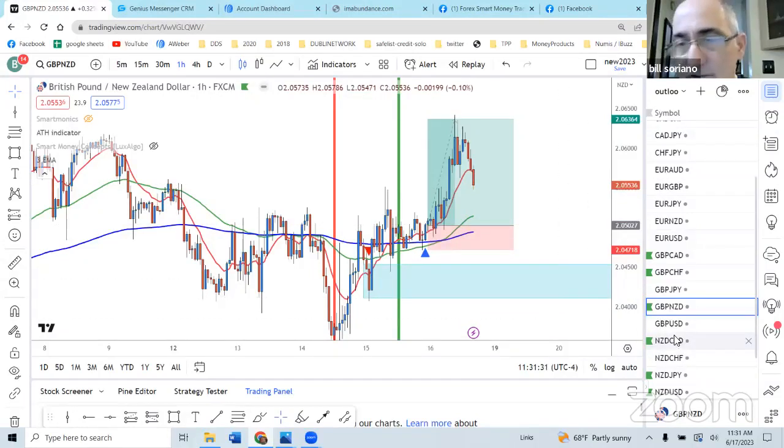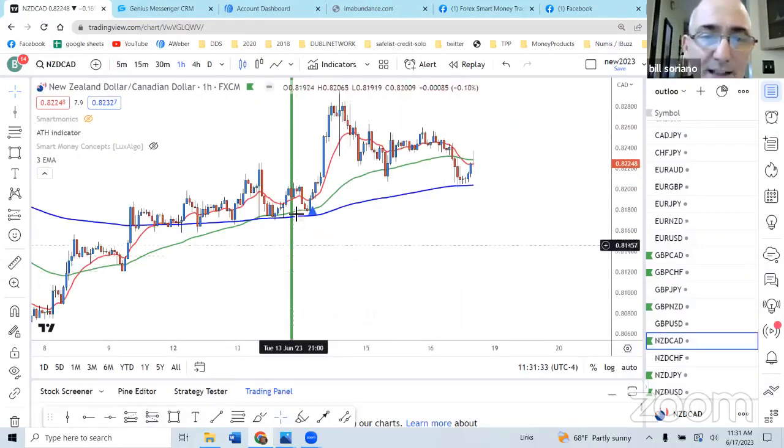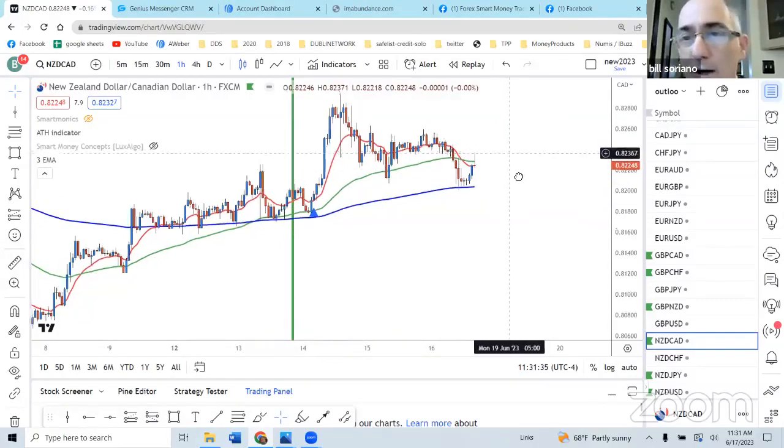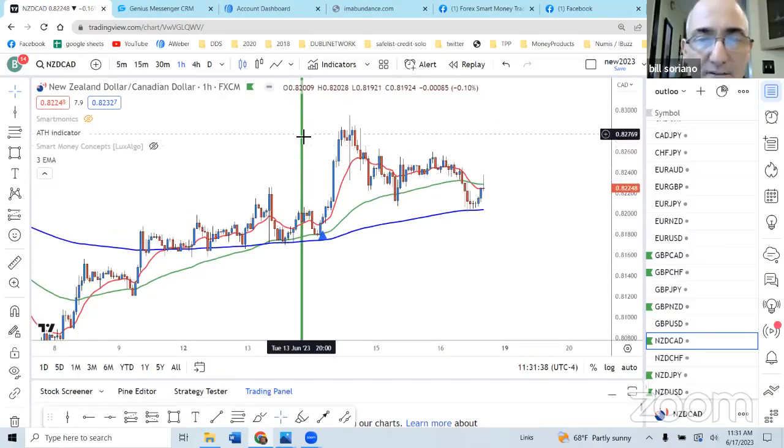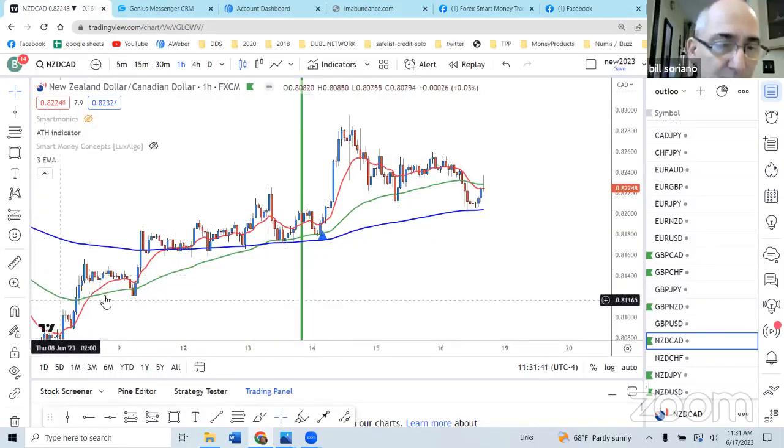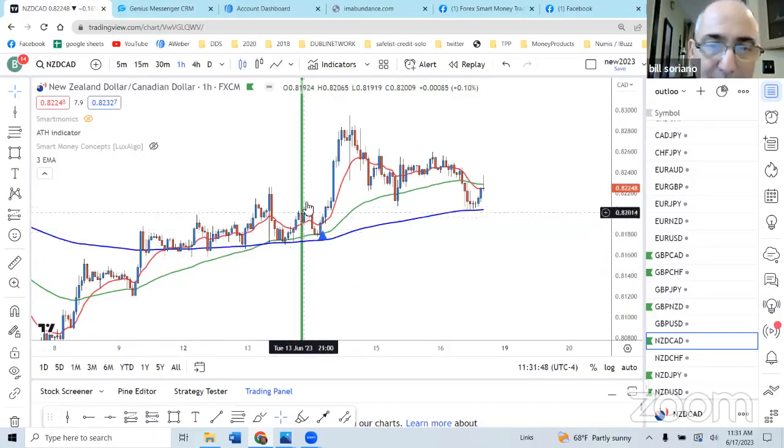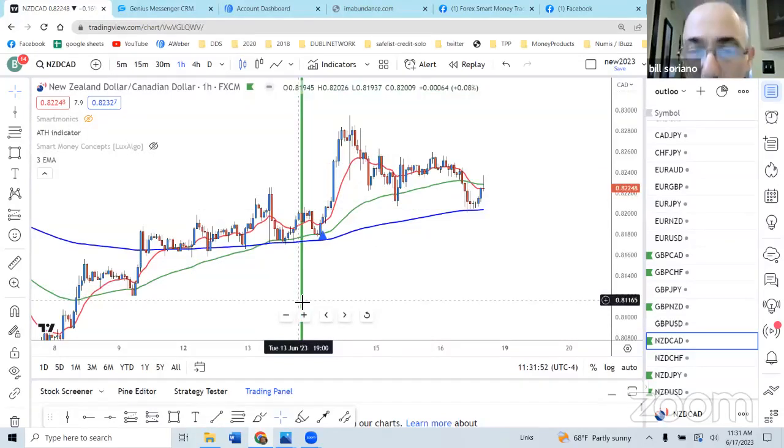Okay, there's another trade in NZD CAD, right? Again, the most powerful opportunities are going to be right when this 4-hour flips in your favor. So all the way back here, the 13 on the 1 hour moves above the 62. But right here is where the 4-hour does the same thing. We know that because the indicator tells it to us by this vertical line here.